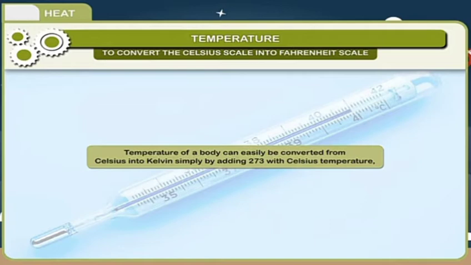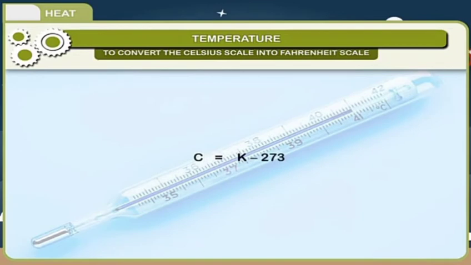Because Celsius starts from 0, and 0 degrees Celsius is equivalent to 273 Kelvin. Or in other words, if we want to convert Kelvin into Celsius, then simply we can subtract 273 from the Kelvin temperature and we will get the Celsius temperature.